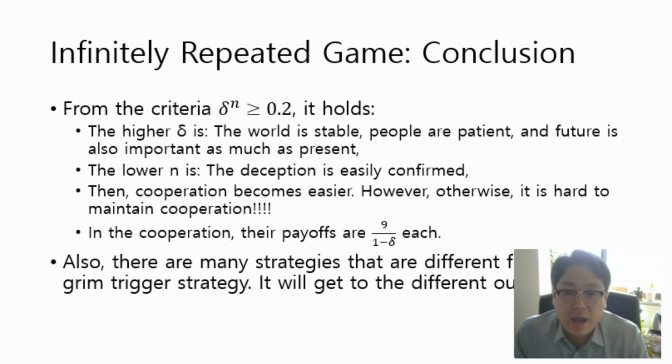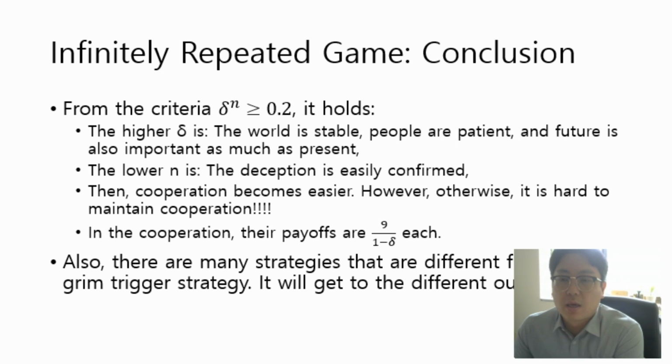That is what the lower n means. The lower n is, the higher the possibility that this player keeps playing cooperation. Then cooperation becomes easier. Otherwise it is hard to make cooperation.